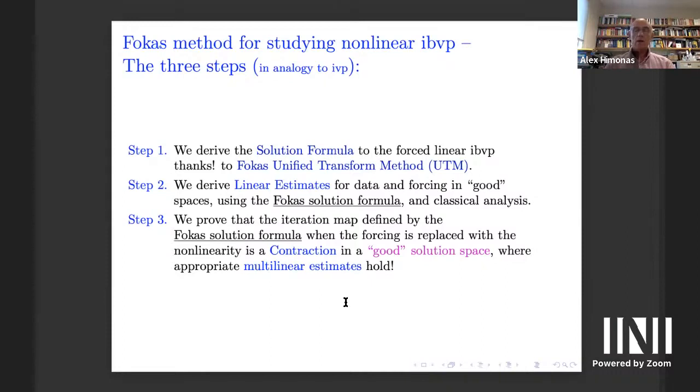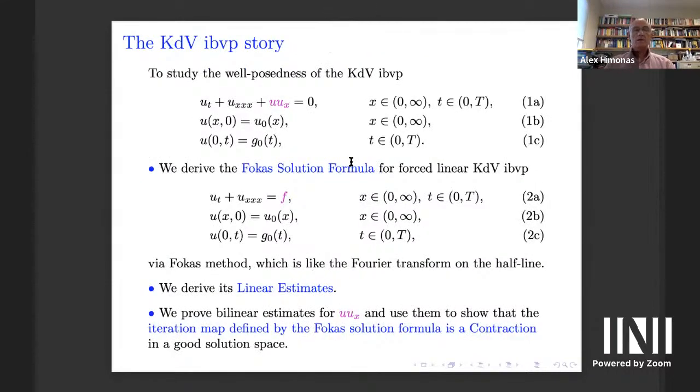This is the 3 steps of the initial value problem. Now we repeat them; we do the same thing for the initial boundary value problem, again thanks to having a solution formula for the linear problem. And here are again the 3 steps in the case we are going to discuss today, the KdV.